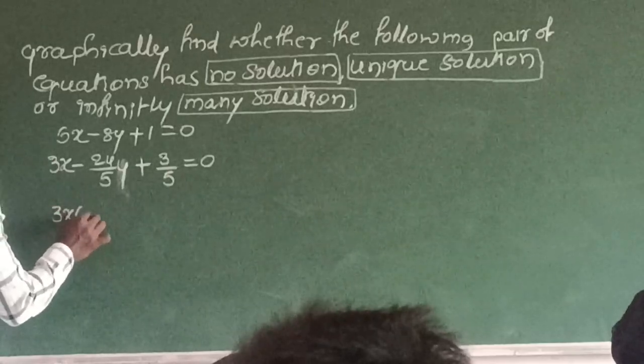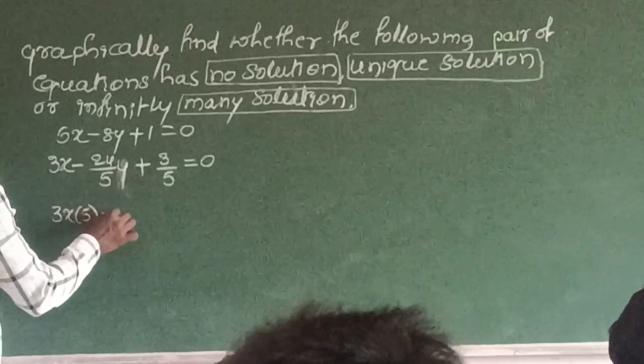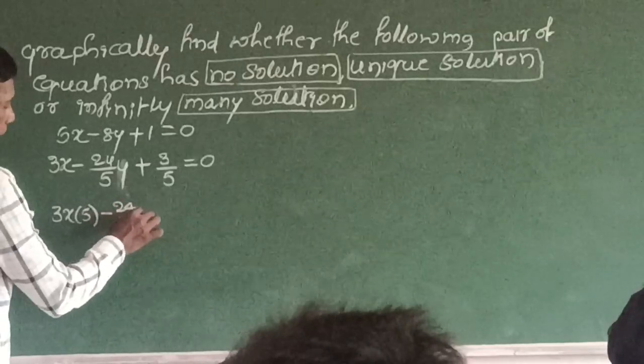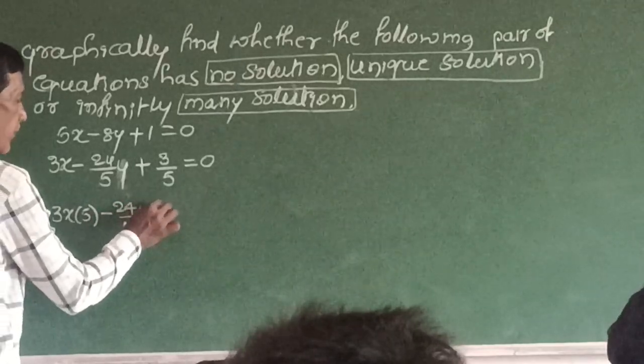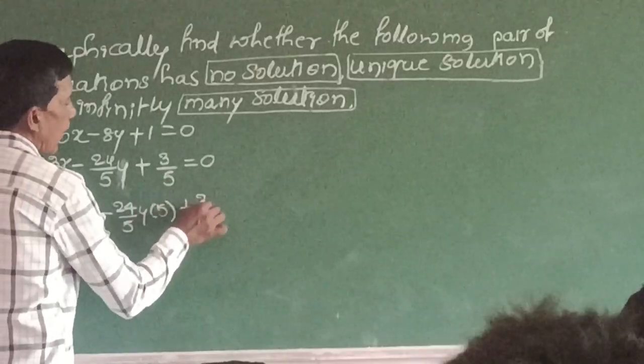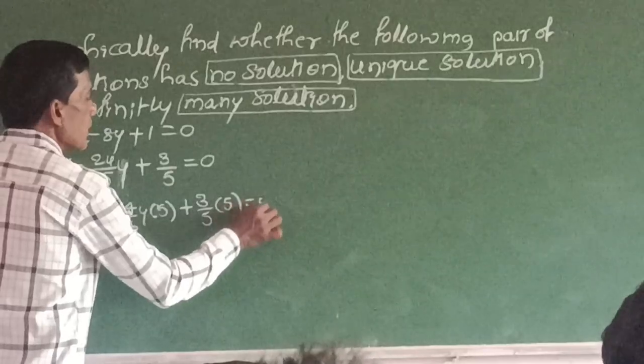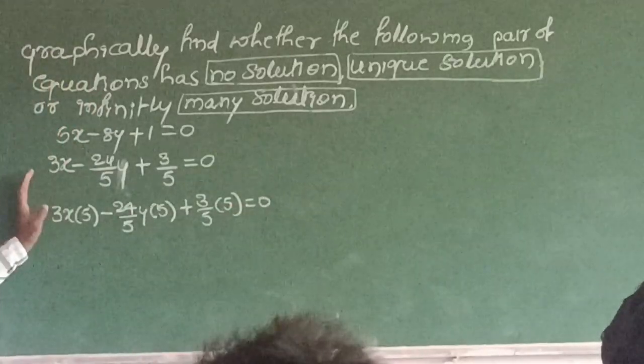So 3x into 5, because the LCM is 5, minus 24 upon 5 y multiplied by 5, plus 3 upon 5 into 5, equal to 0. Any doubt there?